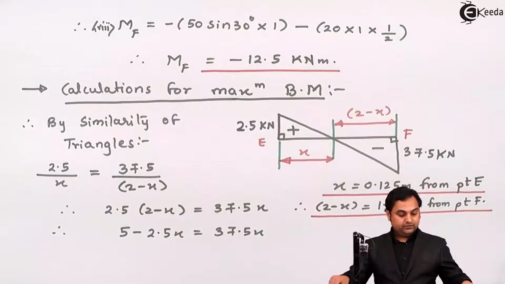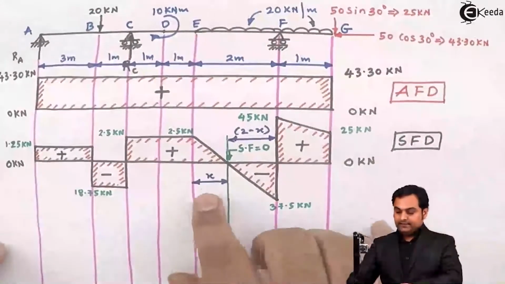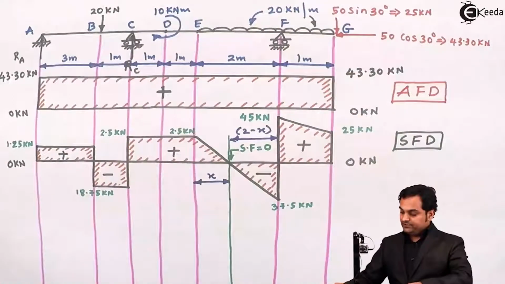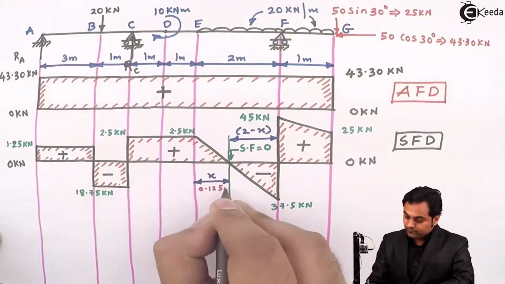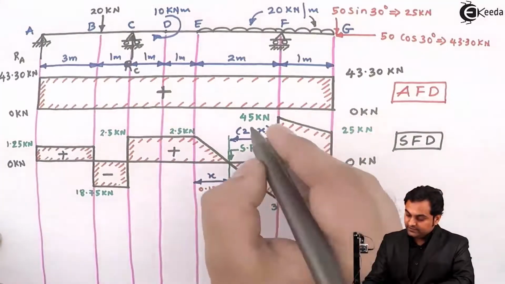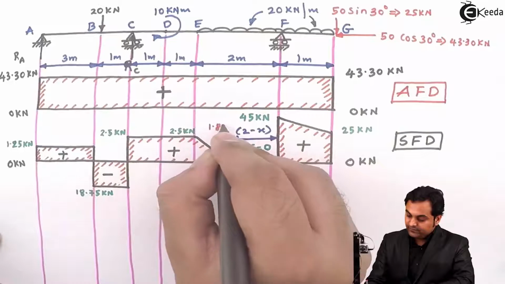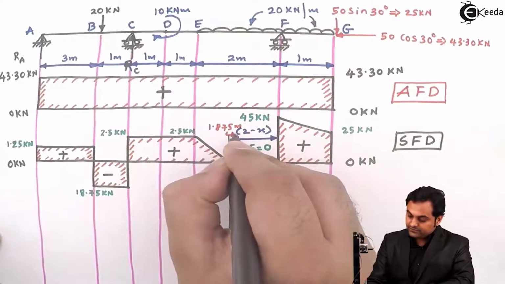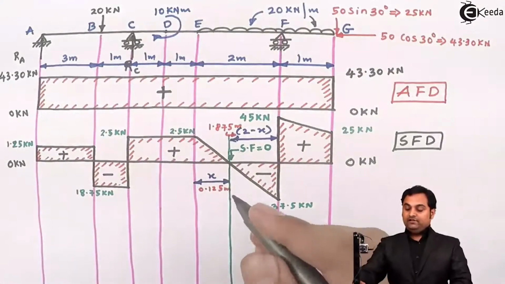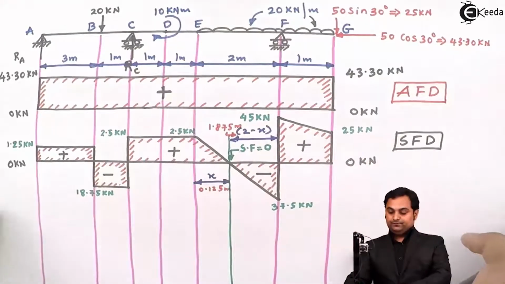So I'll show these values onto the diagram. X is 0.125 meters and 2 minus x is at a distance of 1.875 meters. Now I will have to calculate the maximum bending moment at this location.